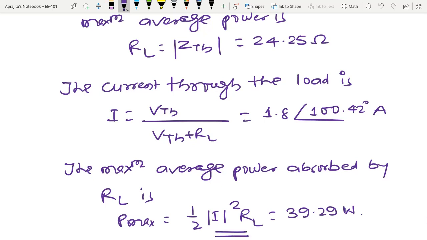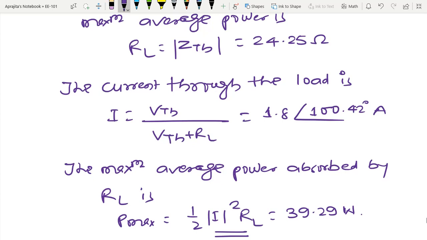So these are the two possible kinds of examples from this part of the course. So what is the conclusion of today's class?